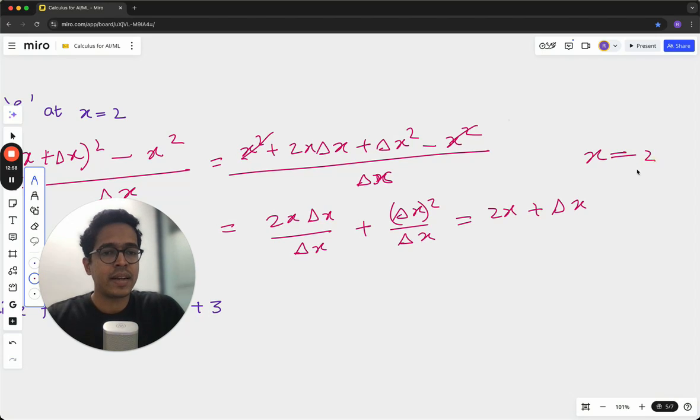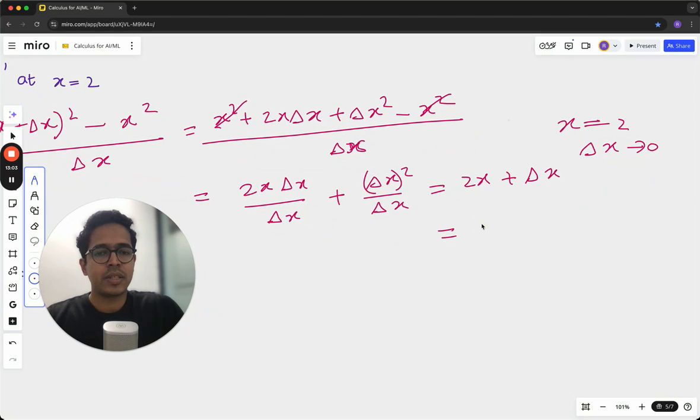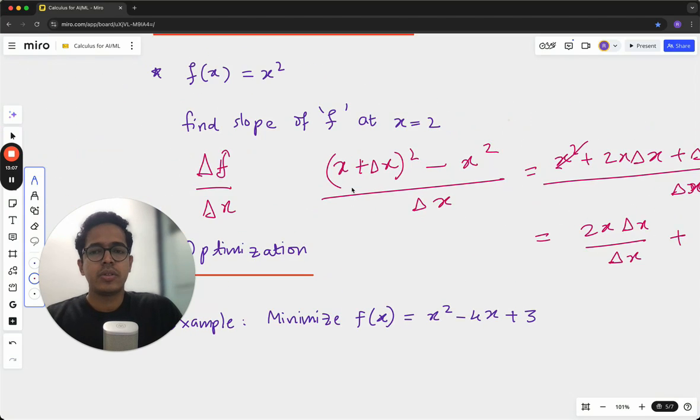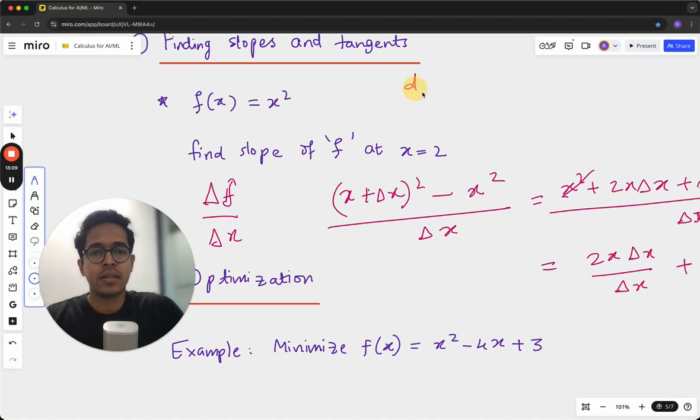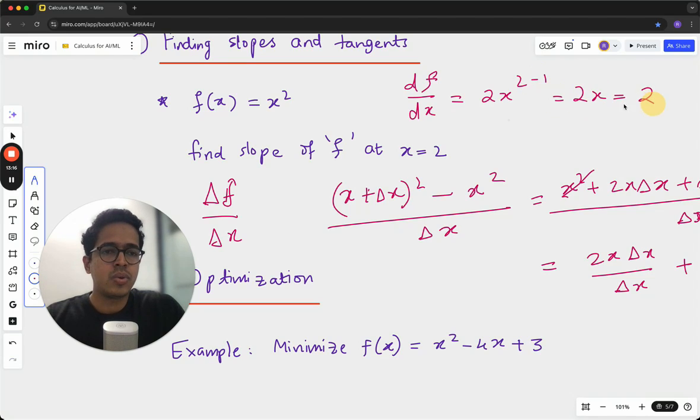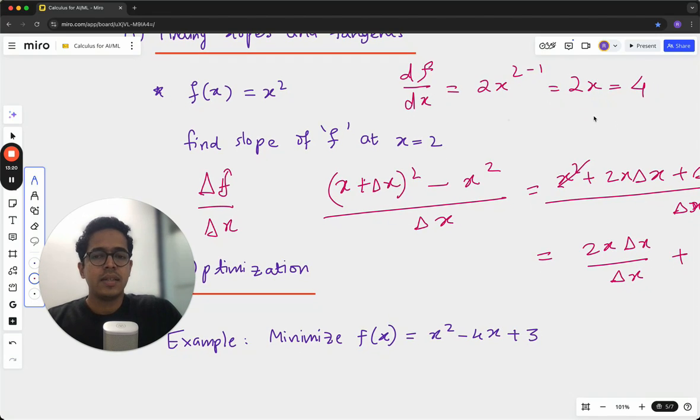We want to find it at exactly 2, but delta x is tending to 0, which means if we substitute, this will become 2 times 2 equal to 4. You can also simply calculate it using power rule. Power rule means df by dx equal to 2x raised to 2 minus 1, equal to 2x, equal to 4 when x equal to 2. So that is the derivative.